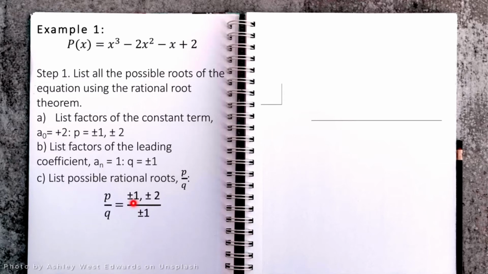Positive negative 1 divided by positive negative 1 is positive negative 1. And then, positive negative 2 divided by positive negative 1 is positive negative 2. And then, we have all the possible rational roots, which are positive negative 1 and positive negative 2.